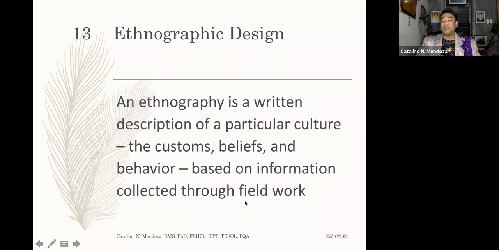So an ethnography is a written description of a particular culture, the customs, beliefs, and behavior based on information collected through field work. So there is no exemption when it comes to ethnographic design. It is because your community, whether it is urban or rural, have the same concepts when it comes to ethnography.